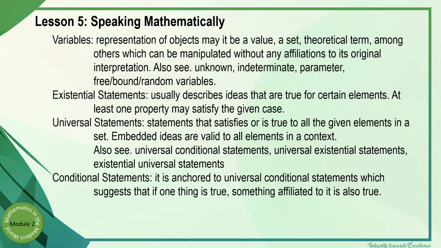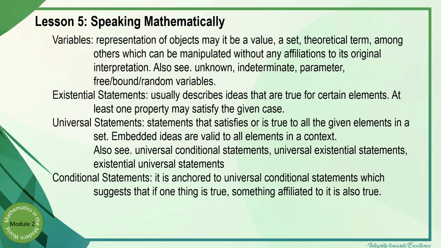Okay, so kalimitan, we use the letters from the English alphabet to represent variables, or as variables to represent different matters or different objects with values. Okay, so pwede din tawagin ang variables as unknown, indeterminate, or parameter.